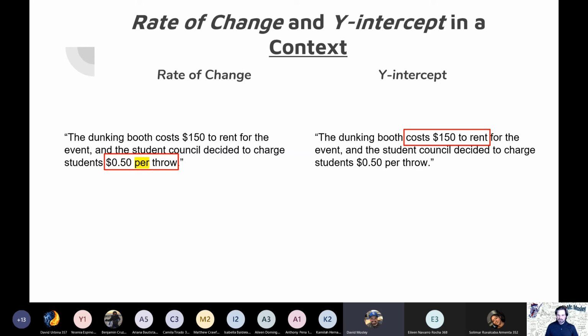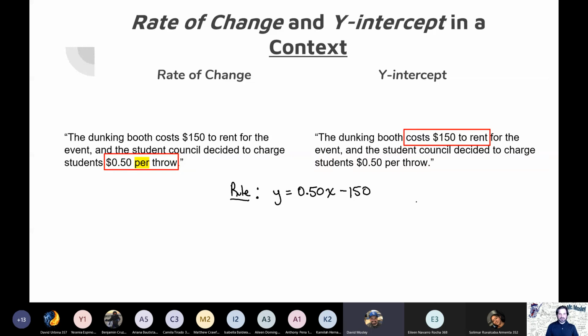When we put these two things together, again, it will give us the rule, you can say y equals 0.5x minus 150. And our start value is negative because we're looking at a cost, and we charge 50 cents per throw.